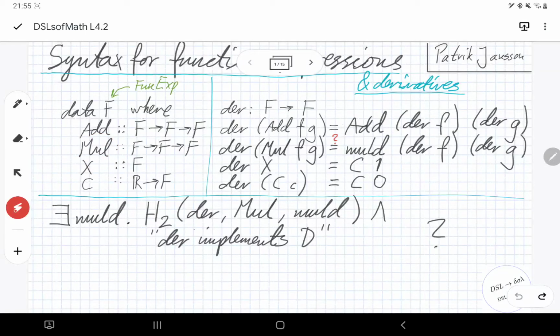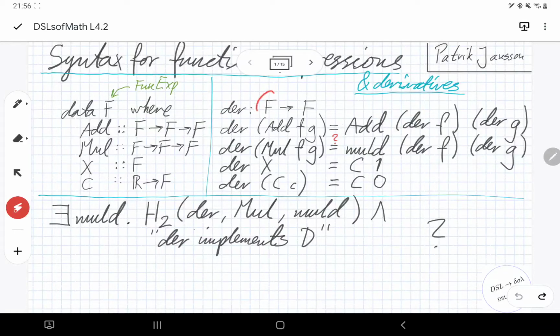function expressions. So this all describes a syntax tree of function expressions, and we have talked earlier about the evaluator, which can translate this function expression into a real function from real to real, a one-argument function. And then we were implementing the other day the function deriv, which I here will shorten to der.